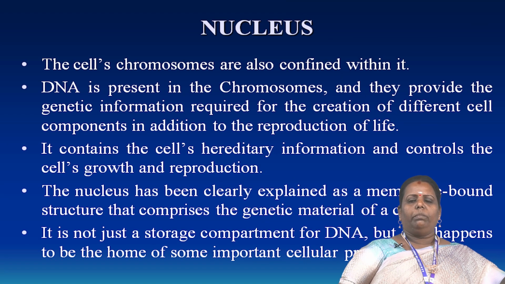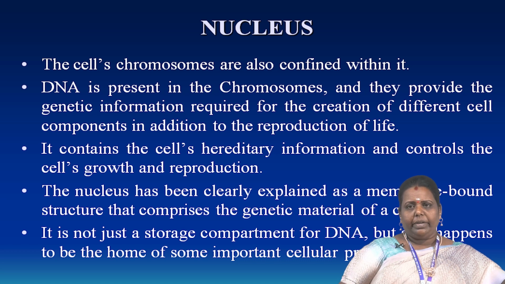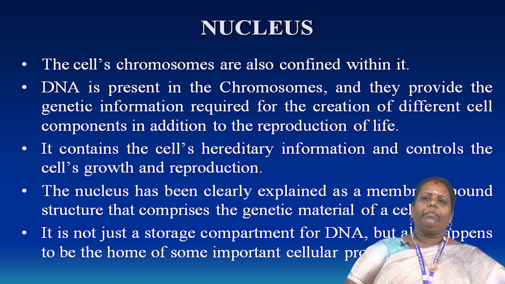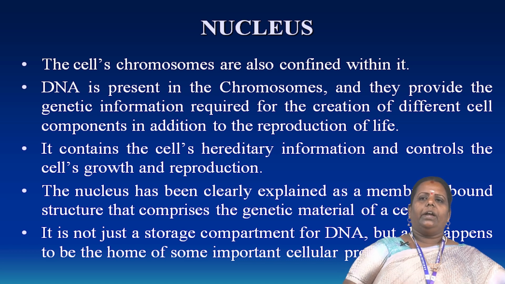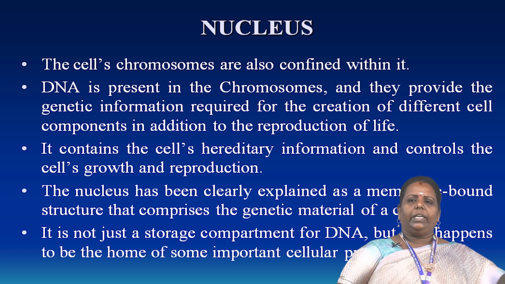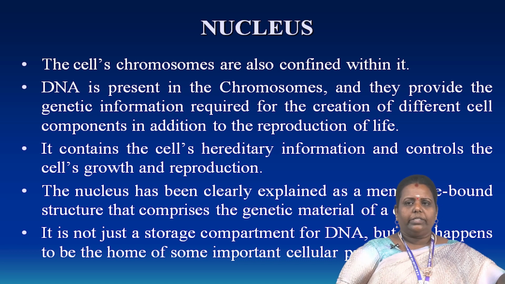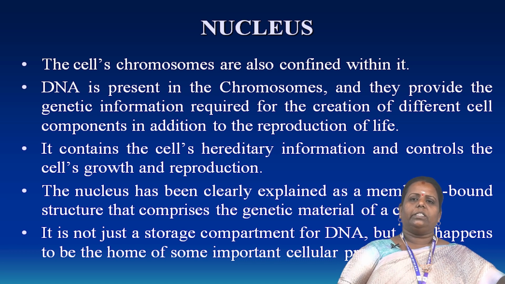It provides the genetic information required for the creation of different types of cells, the addition of cells, and the reproduction of the cell. Everything is based on the nucleus. It contains the cell's hereditary information and controls cell growth and reproduction.